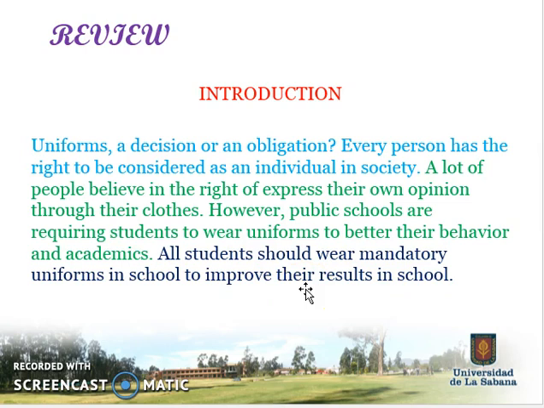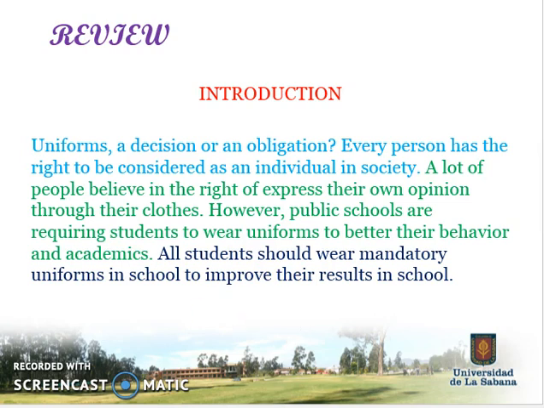Here in the topic sentence, if you read, it states a position. For example, we have: all students should wear mandatory uniforms in school to improve their results. As you see, here is a clear position on the topic, that we have to wear uniforms in school.